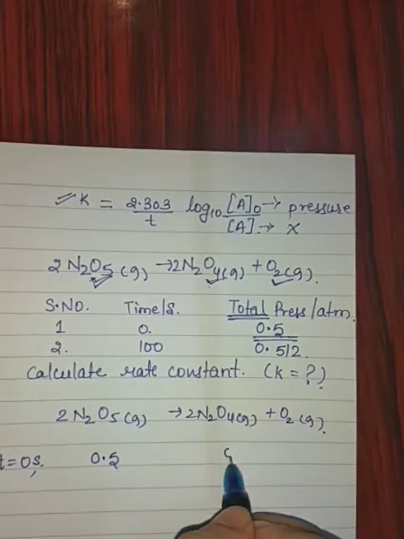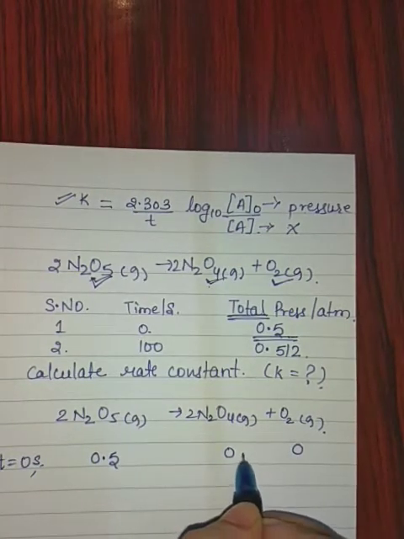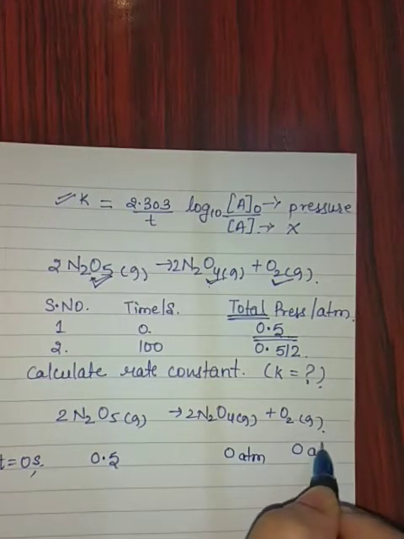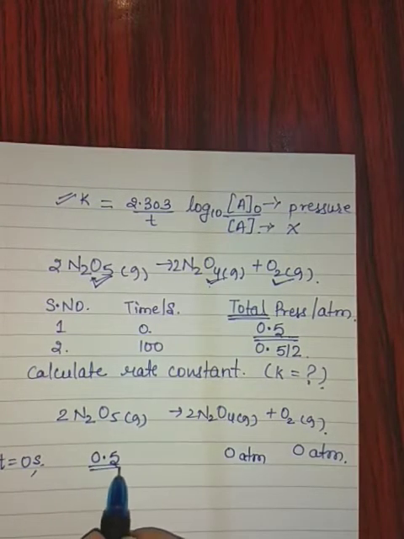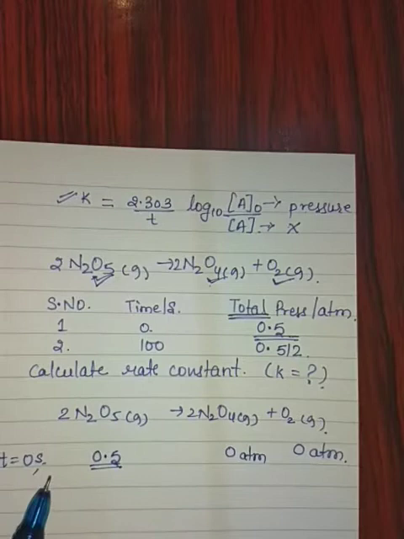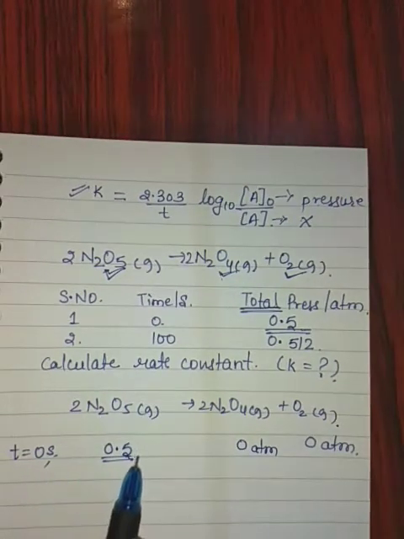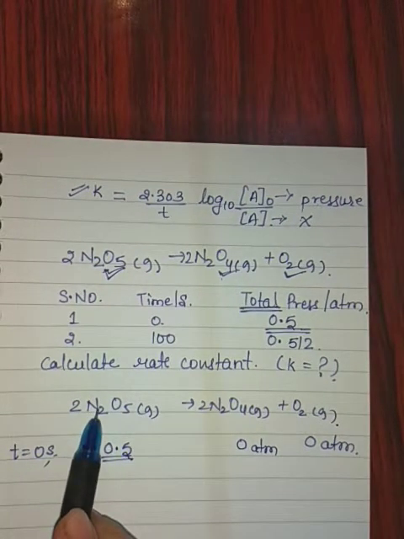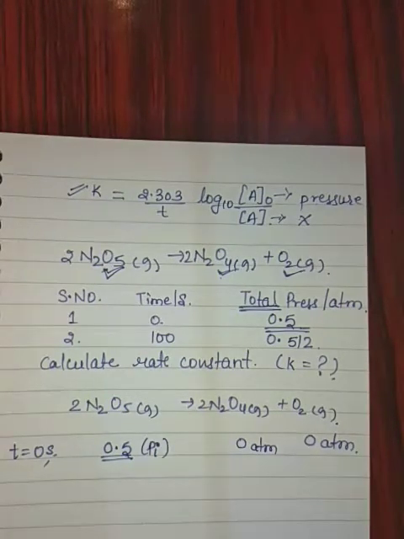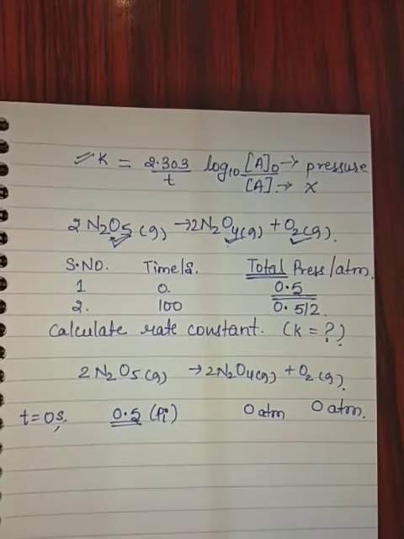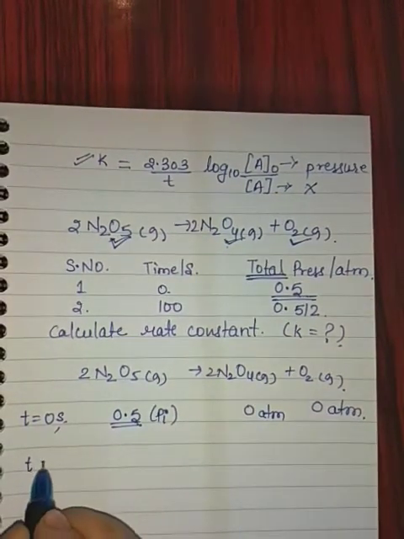That means these two are not formed, so they have 0 atmospheric pressure. So whatever is the total pressure at 0 second is the initial pressure of the reactant. So this is nothing but Pi, the initial pressure of the reactant. Hope you get that.